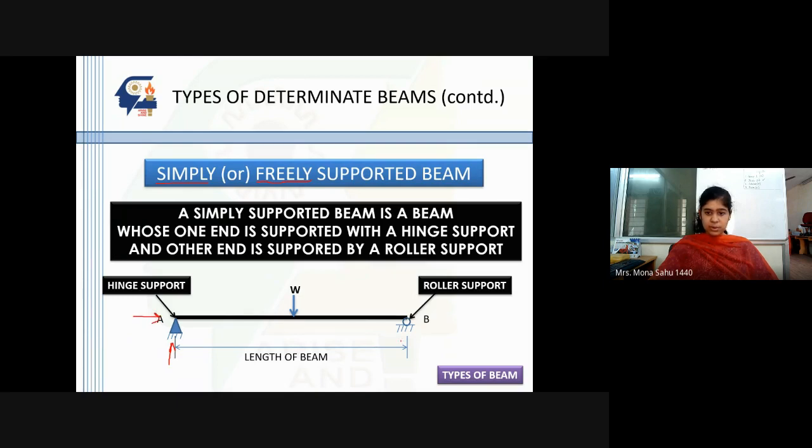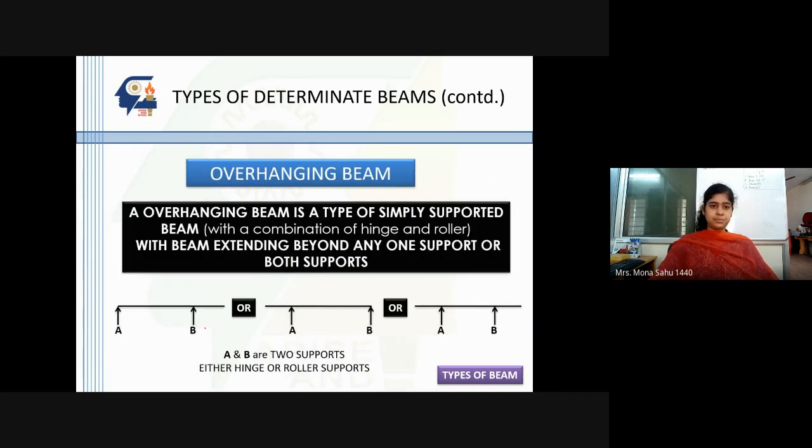In this, you'll have only one reaction force, so we name that as RB. Here it is RAY and RAX. Clear? Overhanging, you have a hinge support or a roller support, and it overhangs the support on either side, or just one side. Clear?